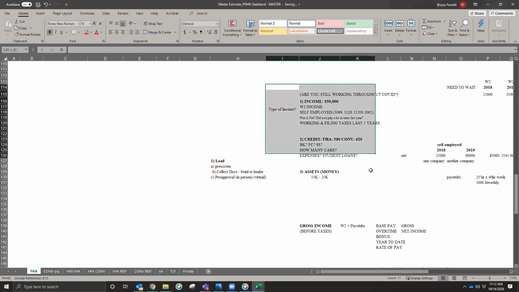Questions on the 3 things that we need for a pre-screen or a pre-qualification? May I ask a question? Absolutely. On the cash, gift letters can say that a parent gave them the money in advance and they deposited it in the bank because they don't know.